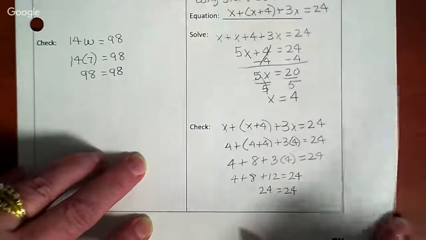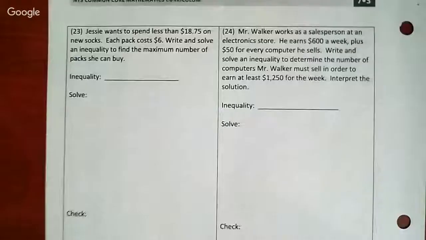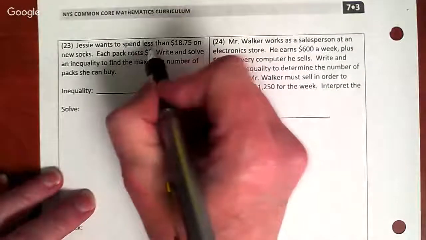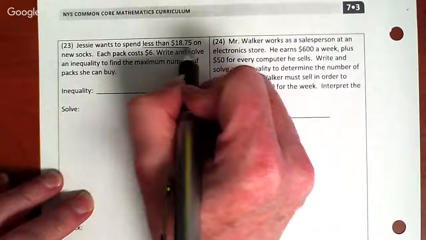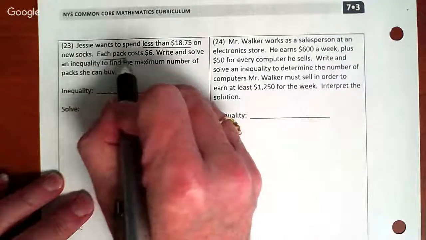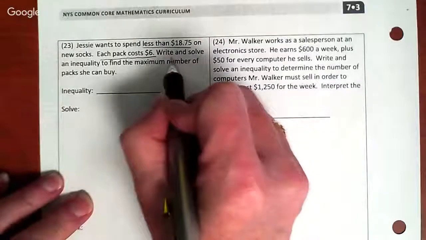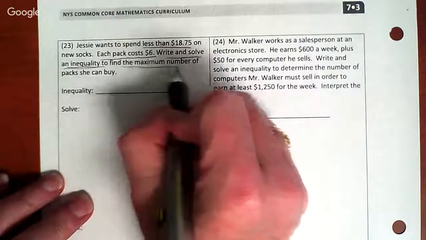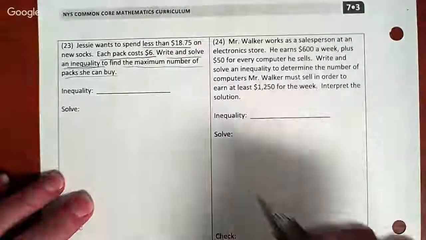Okay? Last 2 problems. The first one is Jesse wants to spend less than $18.75 on new socks. Each pack costs $6. Write and solve an inequality, guys, to find the maximum number of packs she can buy.